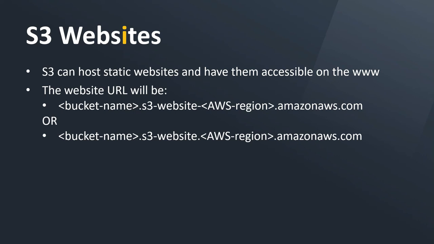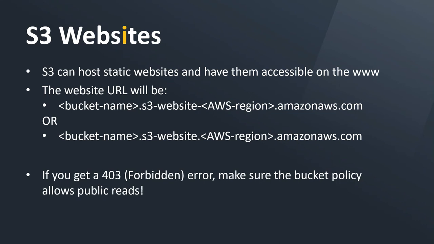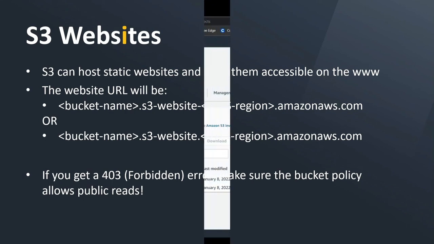The idea is that it starts with the bucket name, dot s3-website, then the AWS region, dot amazonaws.com. If you enable it for a website but you don't set a bucket policy that allows public access to your bucket, you will get a 403 Forbidden error, and we will see how to fix this in this hands-on. Okay, so let's go ahead and enable our S3 bucket as a website.